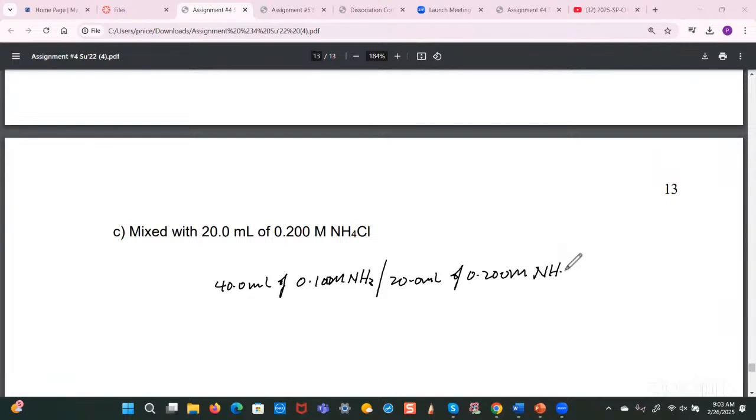So this would be a buffer solution again, because you have the ammonium, which is the conjugate acid of ammonia, right? So what I would do is, I would find the moles of each of them.